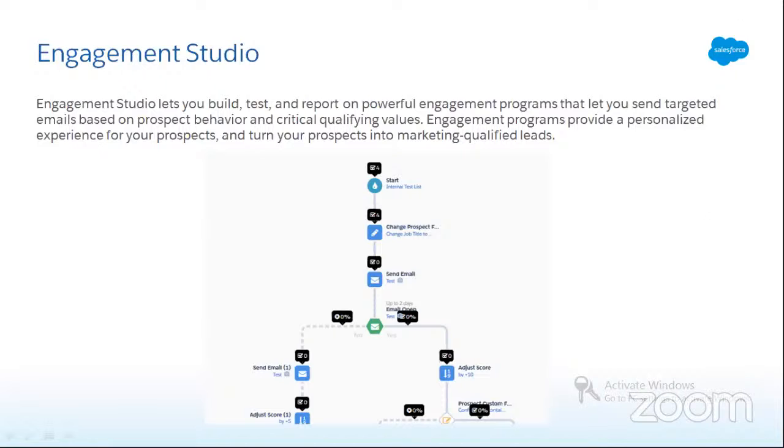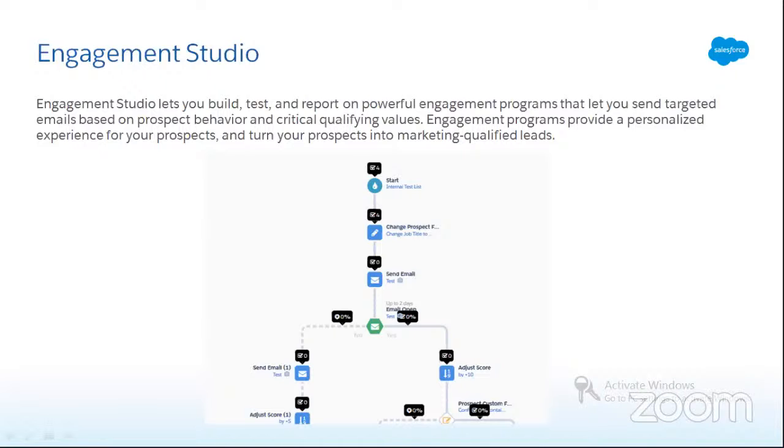So I could run these journeys. I could set up these emails in my engagement studio, and whenever there is a new prospect looking for a home, I would try to enter this prospect into this engagement program. This is all automated, right?